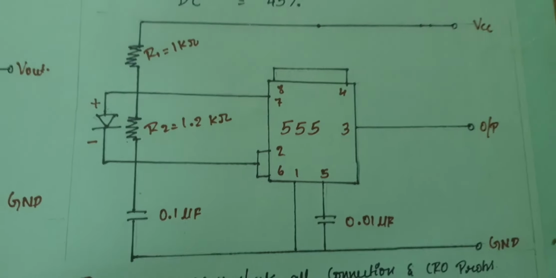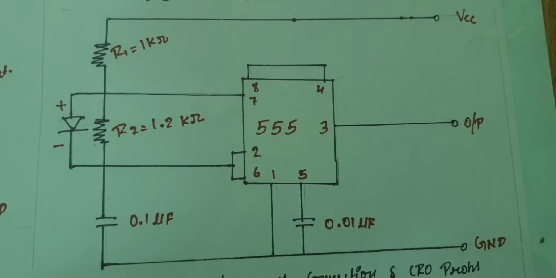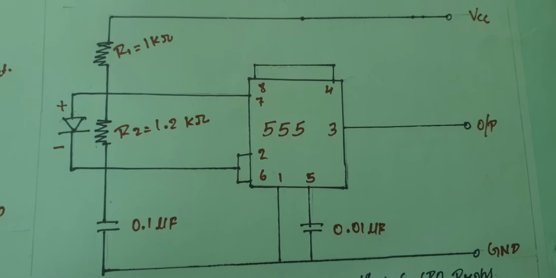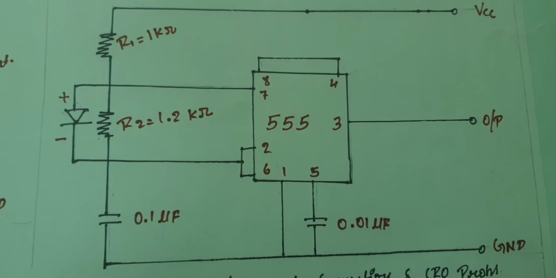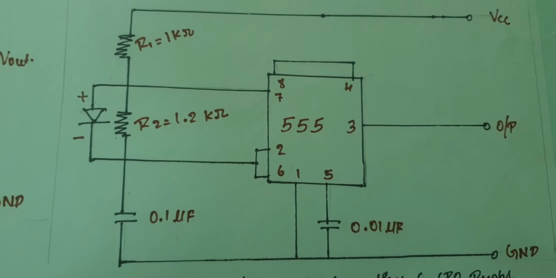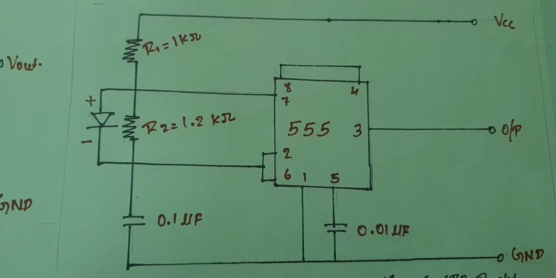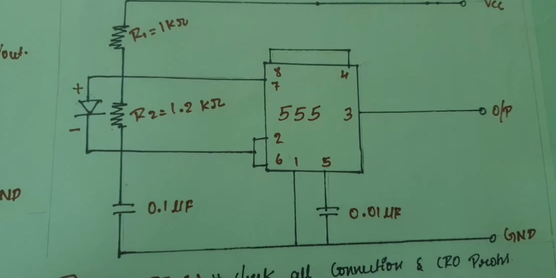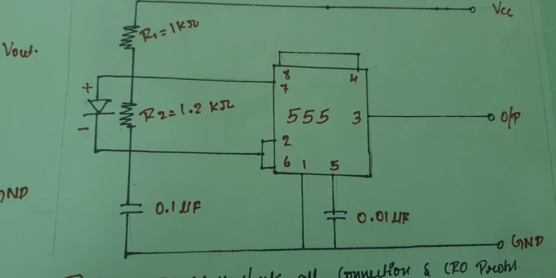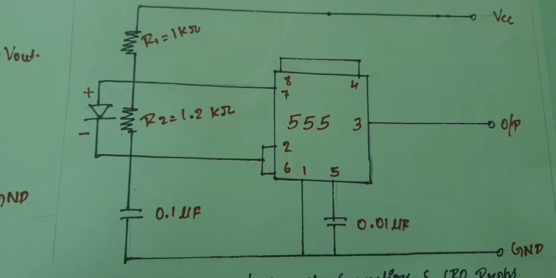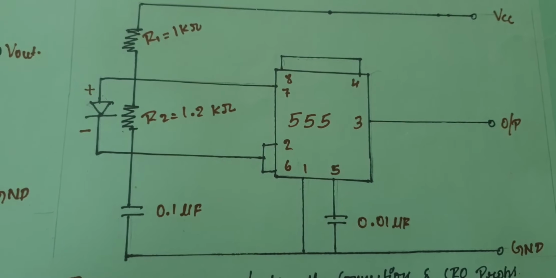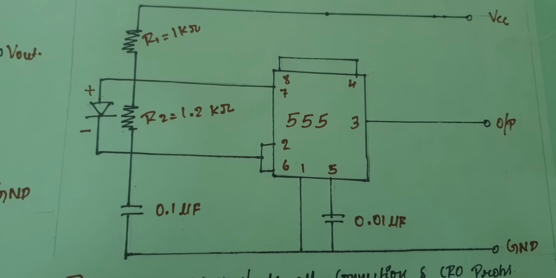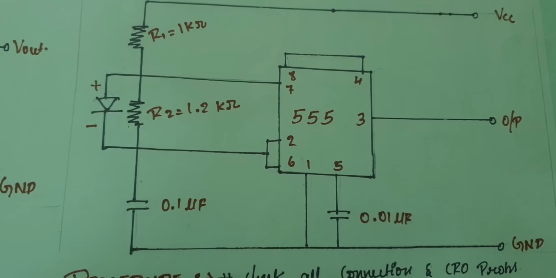This is the circuit diagram of the third case in which my duty cycle is less than 50%. Here my resistance values will be changing. My R1 value is 1 kilo ohm, my R2 value is 1.2 kilo ohm, and my capacitance value is 0.1 microfarad. Rest all other things remain the same.